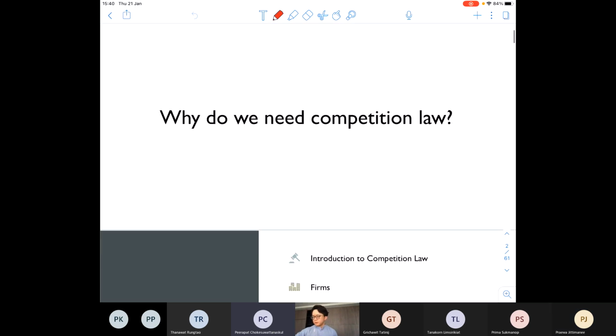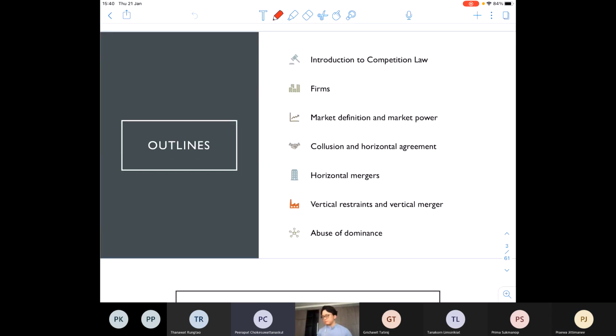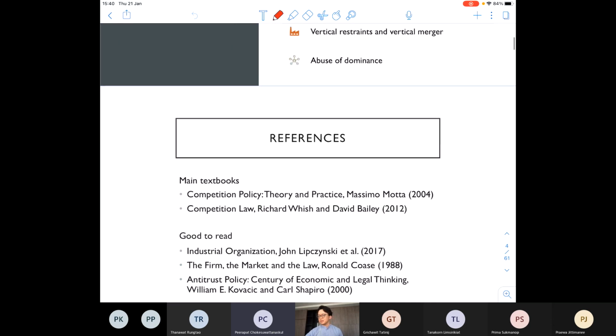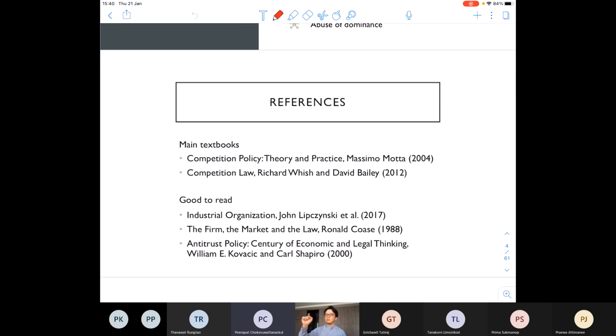All right. So today, this is actually the outline of the whole course. We're going to learn the introduction to competition. References: I uploaded all these textbooks in the files folder already, so have a look at them.